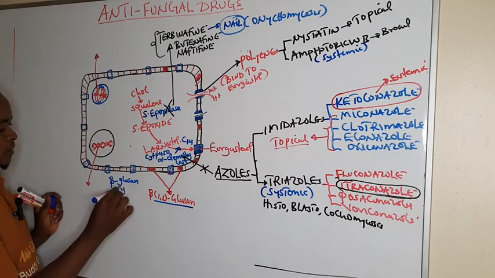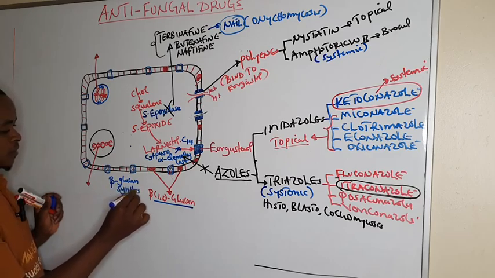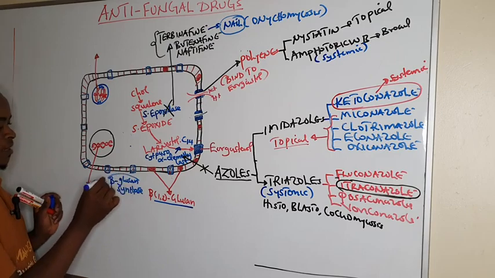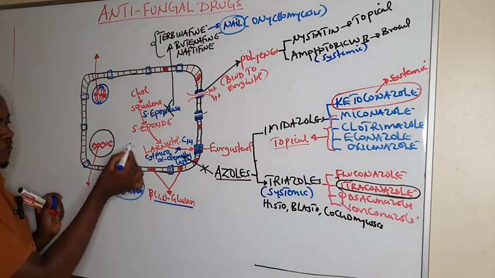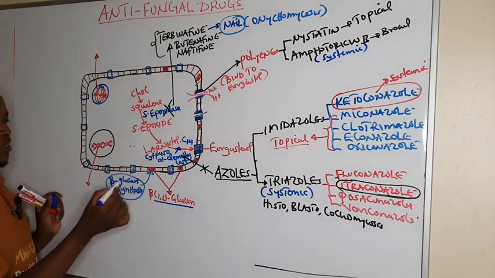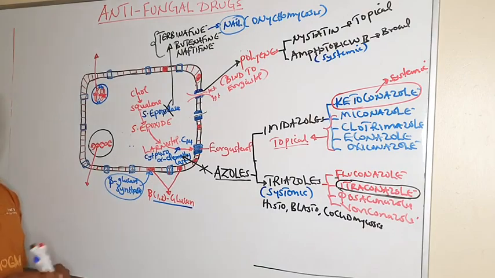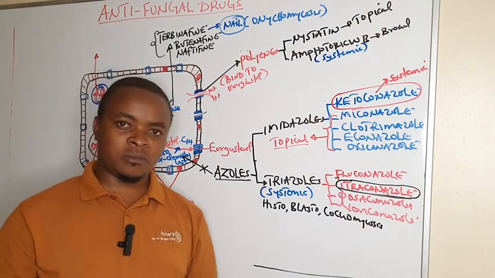Beta-glucan synthase is the enzyme that enables their synthesis, and after being synthesized within the fungus, they are incorporated within the cell wall, hence making the cell wall very stable.